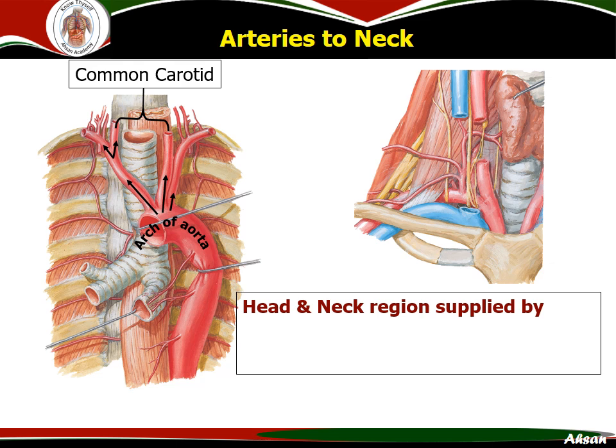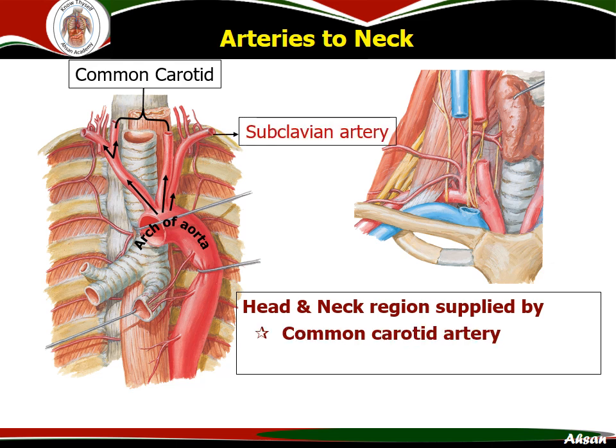It's totally going to the neck, and this is the subclavian. It is primarily going to the upper limb but gives branches to the neck. So the head and neck region is supplied by the common carotid artery totally, and some branches going to the neck from the subclavian artery.